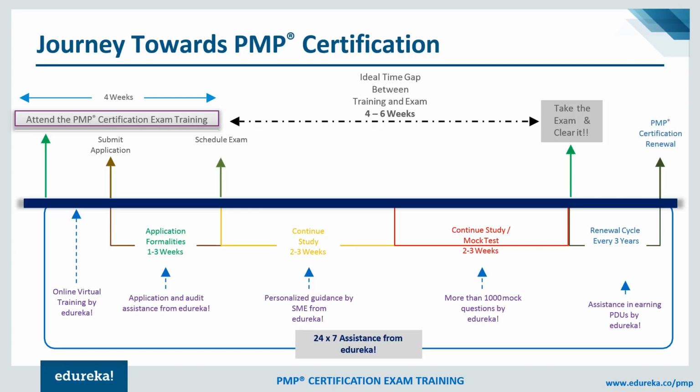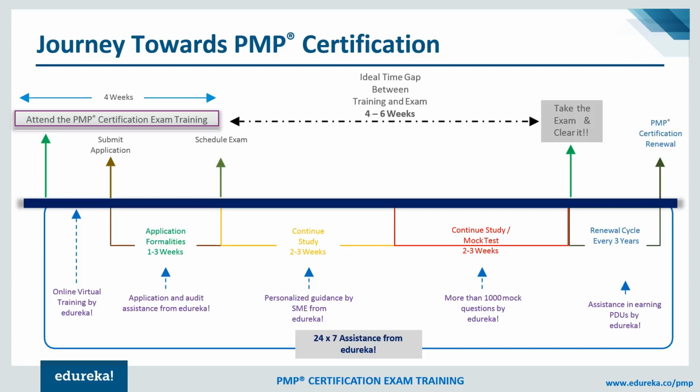Because once you submit that application, PMI is going to review each and every credential that you have mentioned there. They are going to review your project management experience, and if they do not find it appropriate, then that may be sent back to you for corrections. So to avoid that, I would suggest that you use that tool and submit your application to me, and I will review that and let you know.